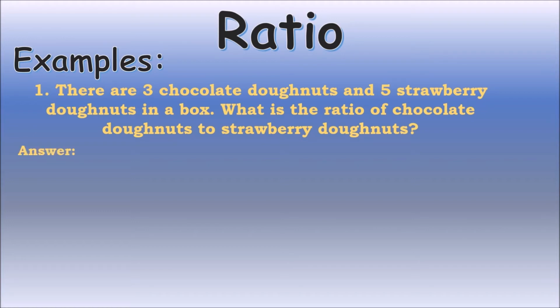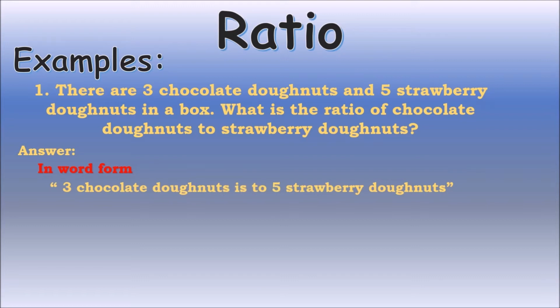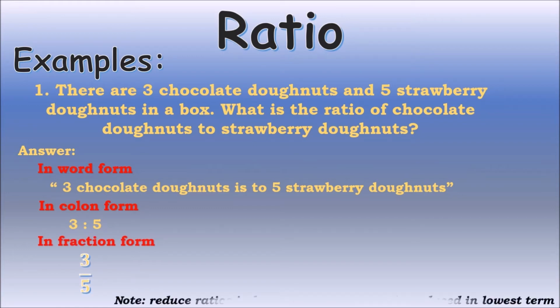In word form, it could be 3 chocolate donuts is to 5 strawberry donuts. In colon form, we could express that like this. It can be read as 3 is to 5. In fraction form, it could be 3/5. Take note that we must express ratio in lowest term or in simplified form if necessary.